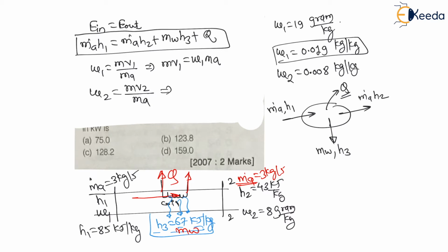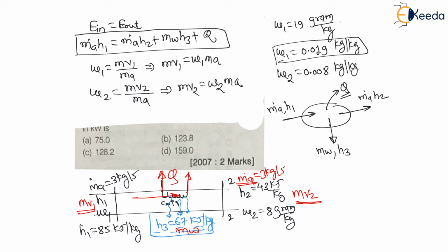Therefore mass of vapor at exit is equal to omega 2 times mass of air. Now my dear students, initially there was mass of vapor 1, and at the end there is mass of vapor 2, right? This means mass of vapor is decreasing because some mass is condensed into water form.